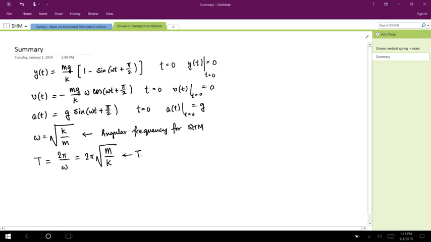This is the time period of SHM. Great. What about the frequency? Frequency is equal to 1 over omega. So that's equal to square root of m over k. That's the frequency.